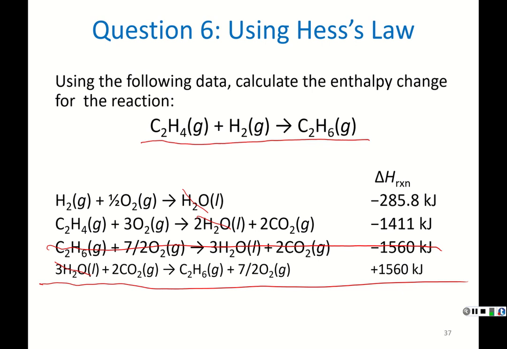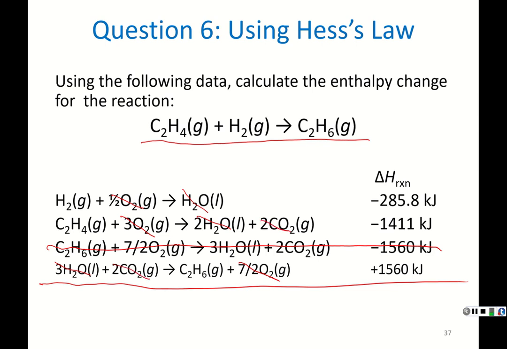We have 3 plus 1/2, so 3.5 oxygens on the reactant side. They would cancel out with these 3.5 or 7/2 oxygens on the product side in this equation. And then finally, 2 CO2s would cancel.